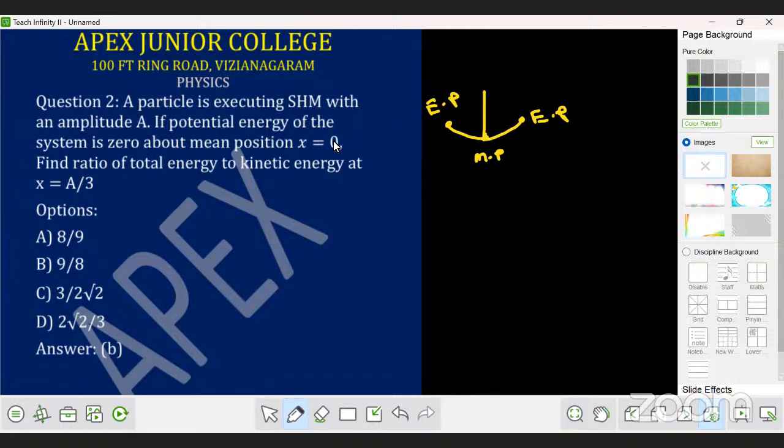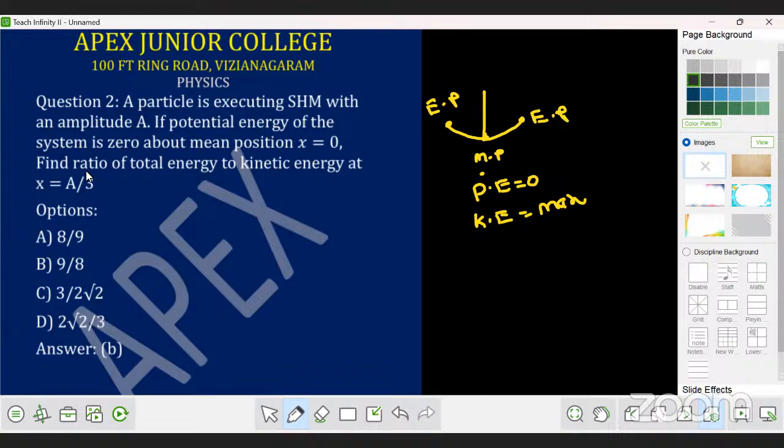Now, it is given that the potential energy of the system is 0 about the mean position. That means exactly at the mean position, potential energy is 0, so kinetic energy is maximum. That is the general case. Now, what is the question?